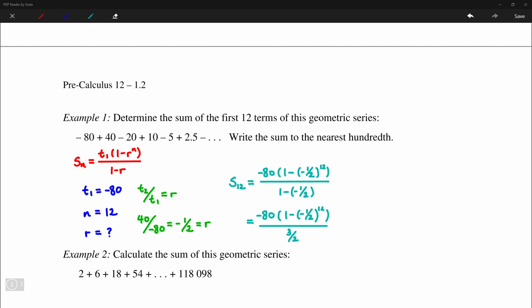Okay, so the result is approximately equal to negative 53.35, it looks like. Okay, let me just double check that. Oops. Oh. Uh-oh. That's okay.